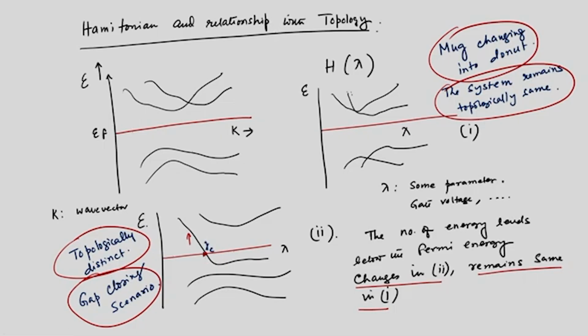So, now this topology and its relation to condensed matter physics can be understood even better by looking at the symmetries of the Hamiltonian. So, let us see what we mean by symmetries of the Hamiltonian.